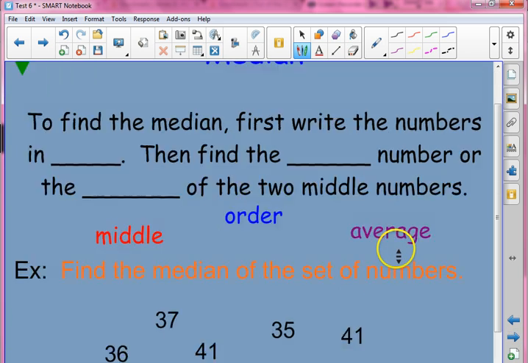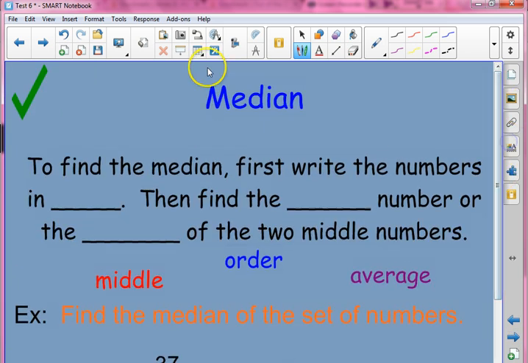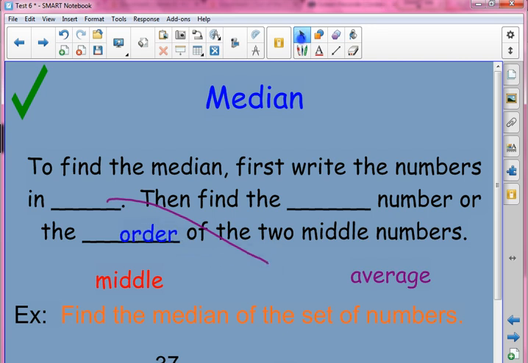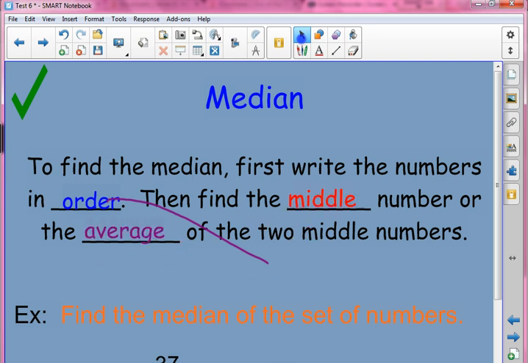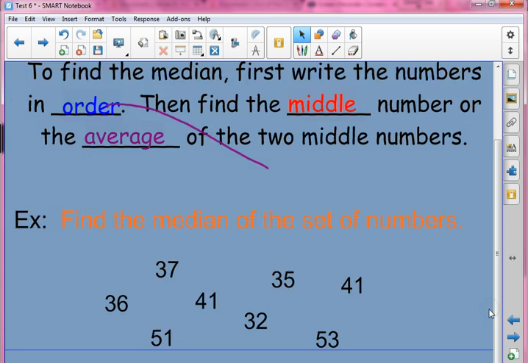For median, first write the numbers in order. Then find the middle number, or the average of the two middle numbers. So if I were to find the median here, you must put them in order from small to big.